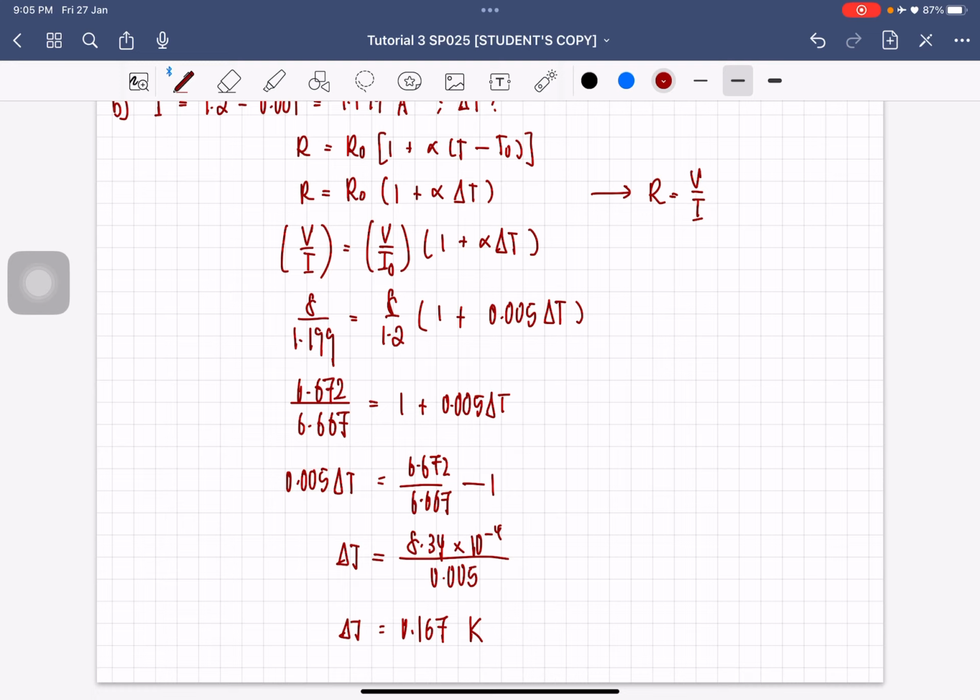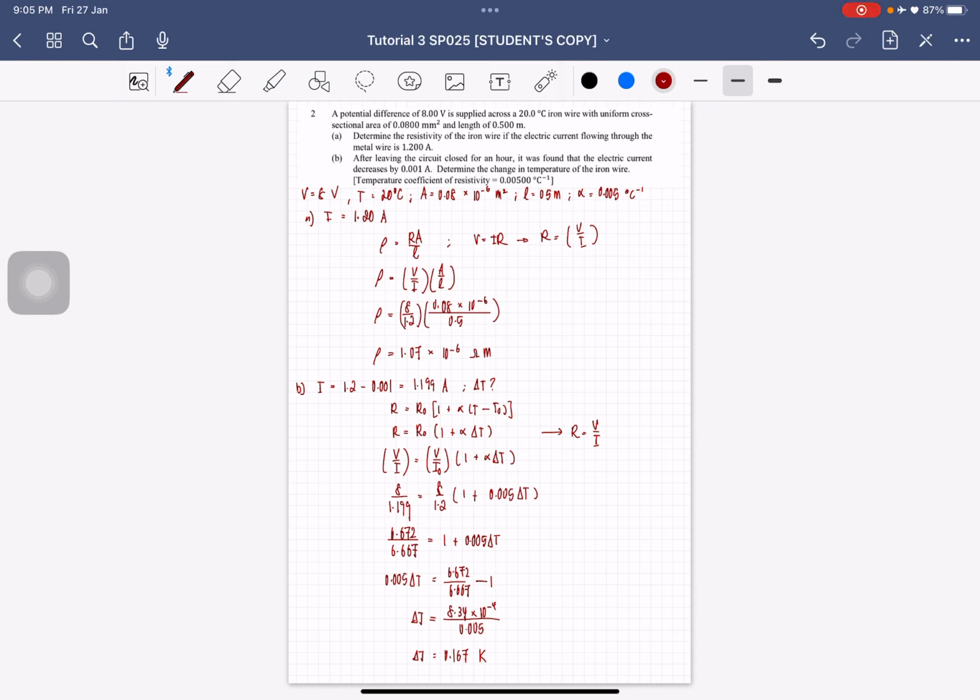Okay, so you should get 0.1668, but I've rounded off to 3 decimal points, so it is 0.167 Kelvin. Alright, so that is basically our solution for question number 2.